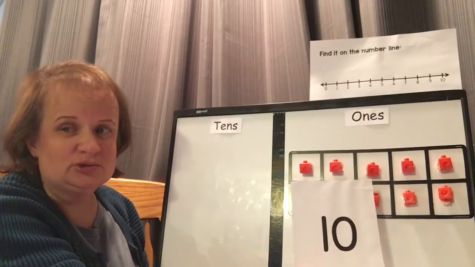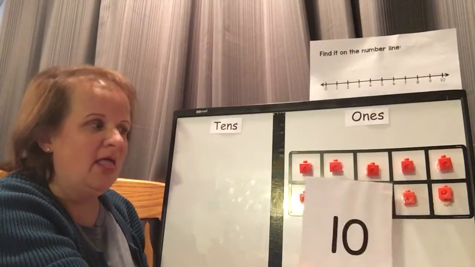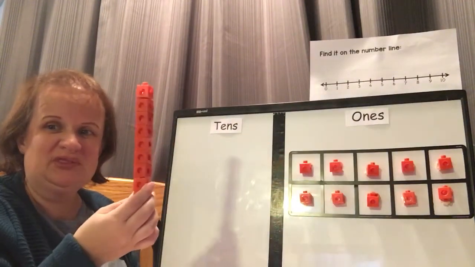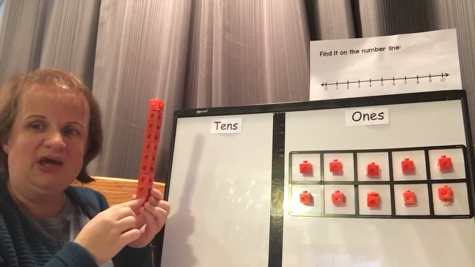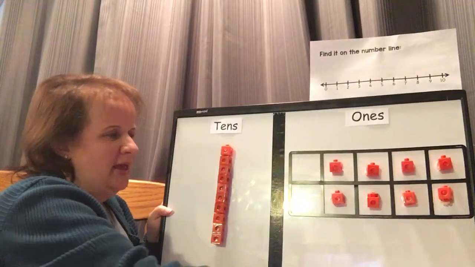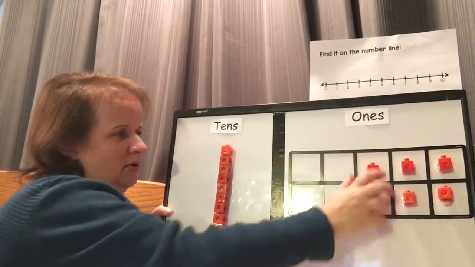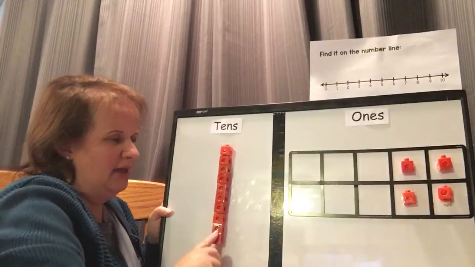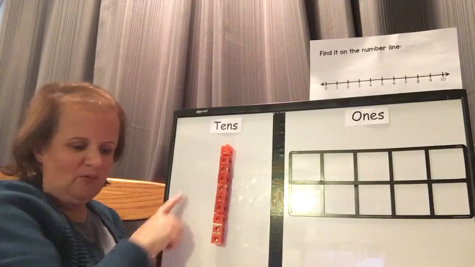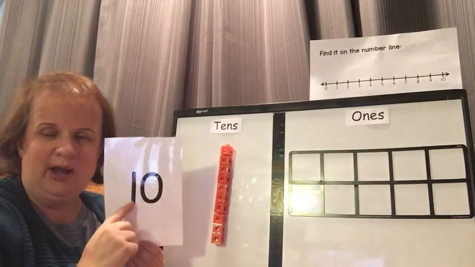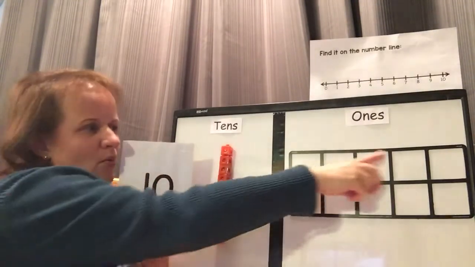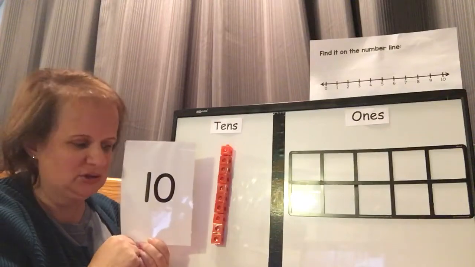But our blocks are so wonderful that we can take those 10 ones away, because if we put them together, we get a rod of 10. Then I have 1 ten in the tens column, and 0 ones in the ones column.